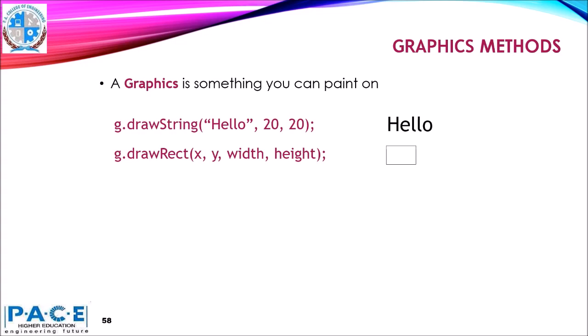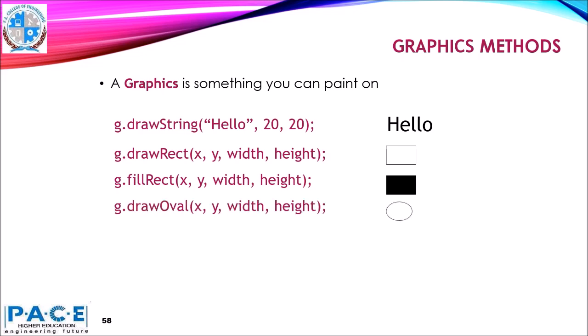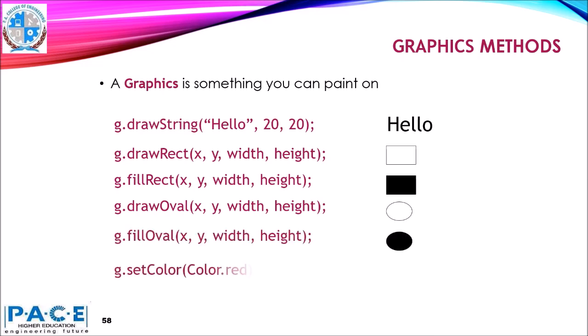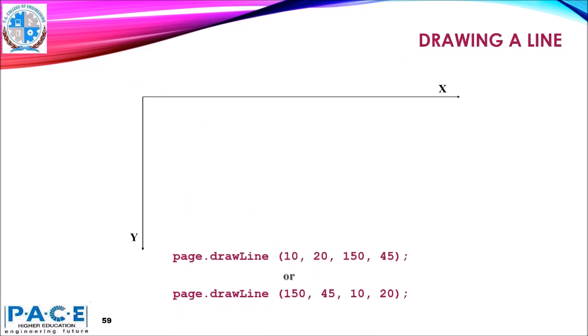With drawRect we are drawing the hollow rectangle. With fillRect, we are drawing the filled rectangle. drawOval draws a hollow oval, fillOval a filled oval, and we can use the setColor method to set the color of various shapes.